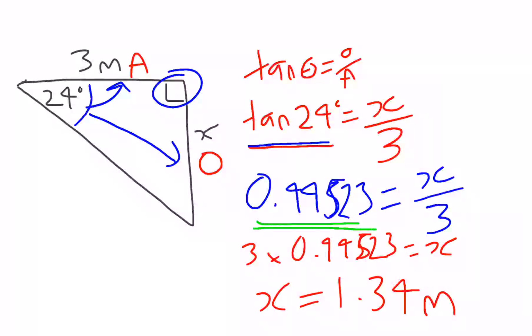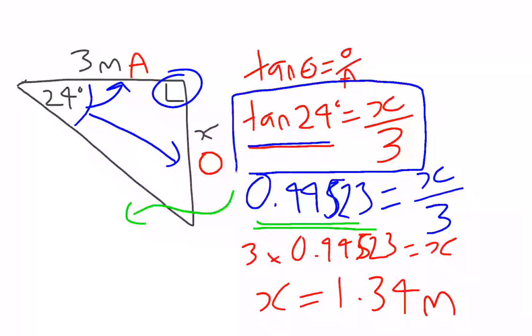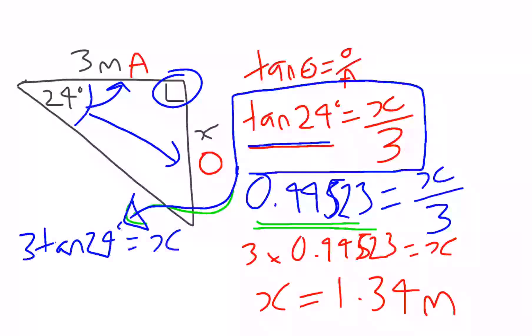So instead of doing this when we solve, normally what we do is we simply go from tan of 24 degrees equals x over 3, multiply both sides by 3, 3 tan 24 degrees equals x, type 3 times tan of 24 into the calculator, x equals 1.34 meters.